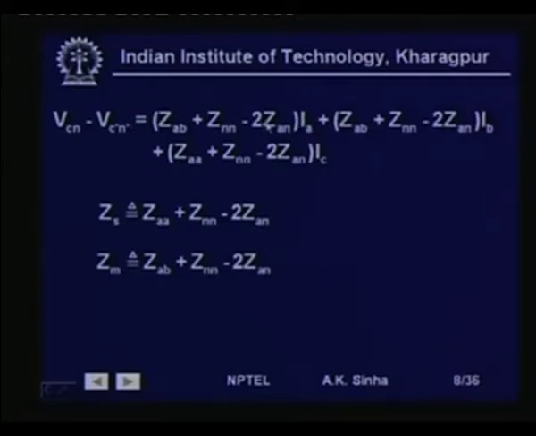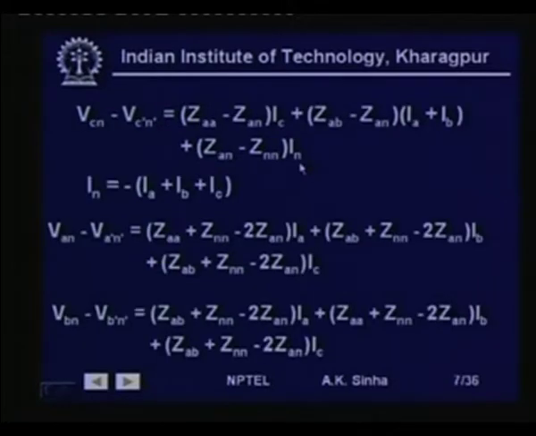So, these are basically the mutual terms. The same thing is coming for IA and IB, whereas for IC the term is coming as ZAA plus ZNN minus twice ZAN. Similar terms are coming for AN and BN. Here ZAA plus ZNN minus twice ZAN is coming for IA, and these terms are coming for the other currents.